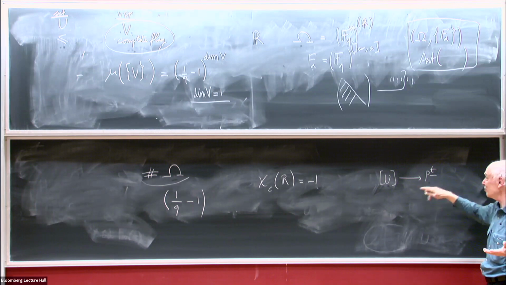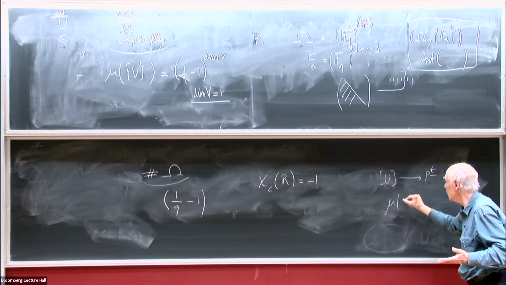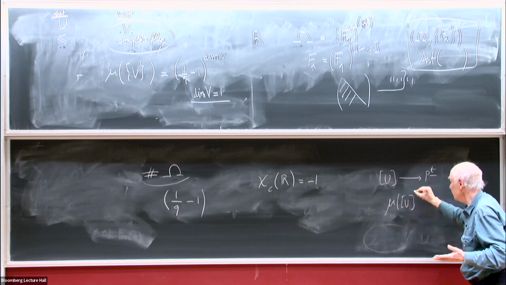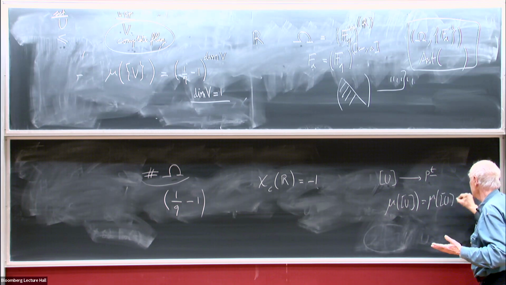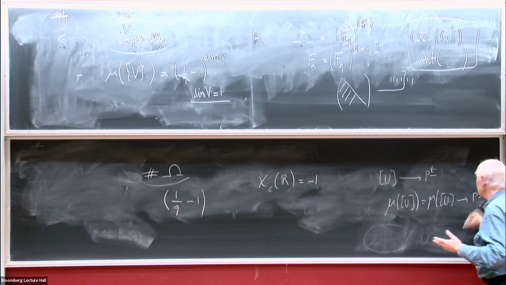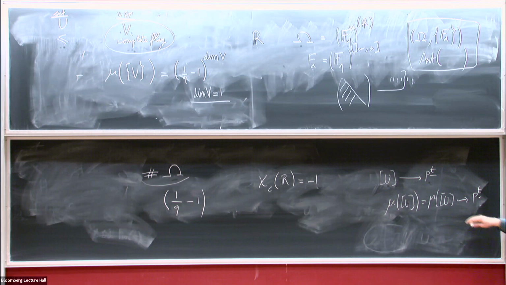And now I am in the setting where, by definition, mu of a homogeneous space is mu of the map from it to a point. And when those numbers are not 0, one can recover what one wants for a map.